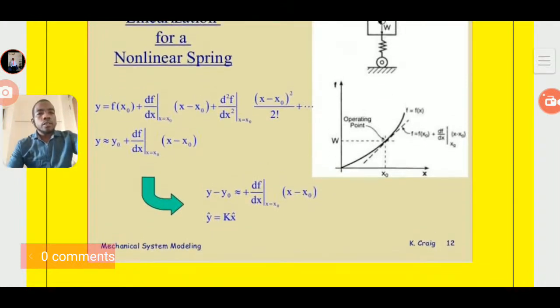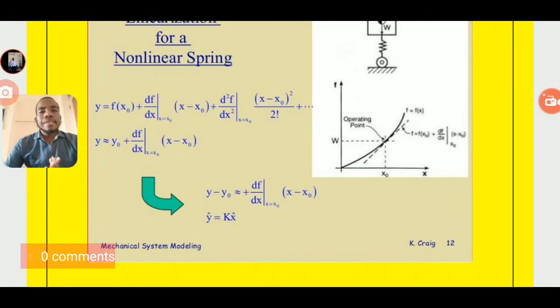Okay, so here we have the formula y is equal to f of x naught plus df by dx at x is equal to x naught times x minus x naught plus d square f over dx square at x is equal to x naught into x minus x naught square over 2 factorial. It continues like this up to so many factorials.